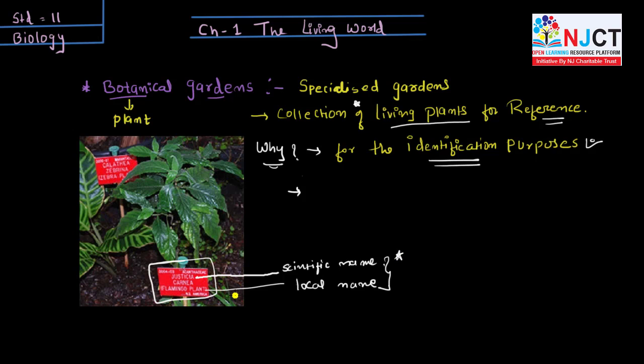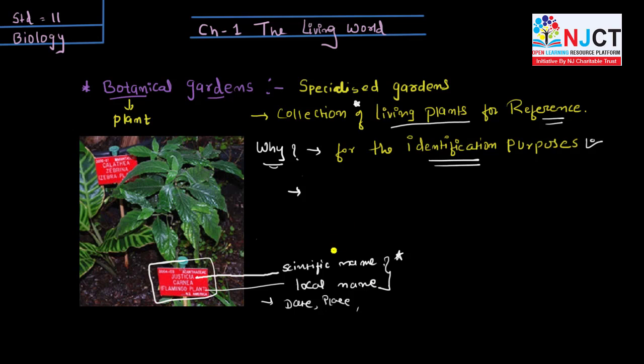Sometimes you can add some information also. For example, they are going to make a bigger board, and then they are going to write all the other information. For example, the date, just like a herbarium sheet, the place from where they got it, and even the place where this plant is mostly seen.